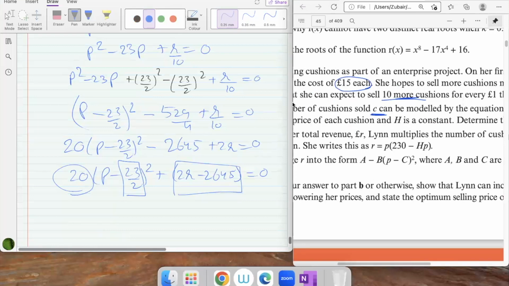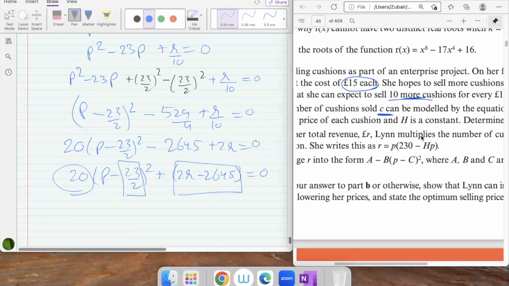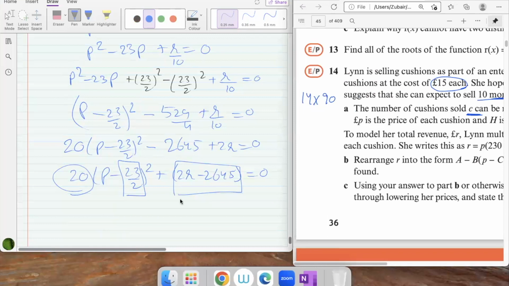Any confusion till now? I'm just confused about the part, the 2645. Did you just times it by 20? Did you times 529 over 4 by 20 to get 2645? You're talking about this step? Yes. Okay. Actually, we had 4 and 10 in our denominators. First, I thought of multiplying the whole equation by 10 to get rid of that 10.